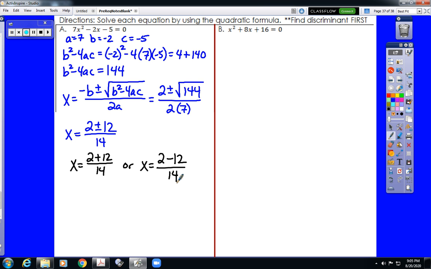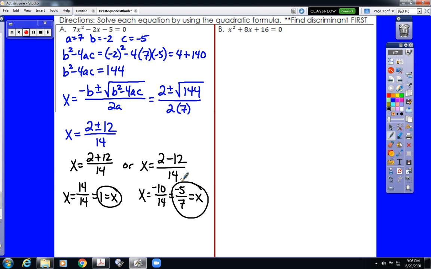We're splitting up that plus and minus just like we did with the quadratic formula. So our first number there, 2 plus 12 is 14, divided by 14 means that our first answer is x equals 1. Our second answer is 2 minus 12, which is -10, over 14, which reduces to -5 over 7.